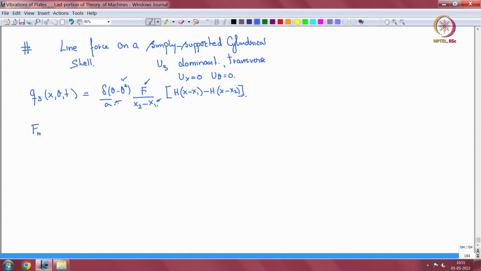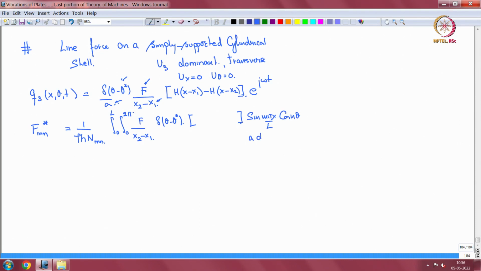Then the f m n, it's harmonic. So now the f m n star is 1 over rho h n m n, integral 0 to L integral 0 to 2 pi, f over x2 minus x1, delta theta minus theta star, this Heaviside function, then sine m pi x by L, the first set, a dx d theta.